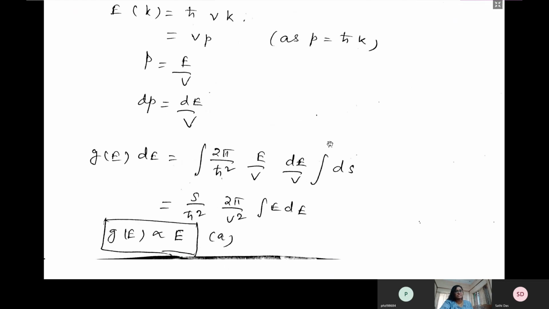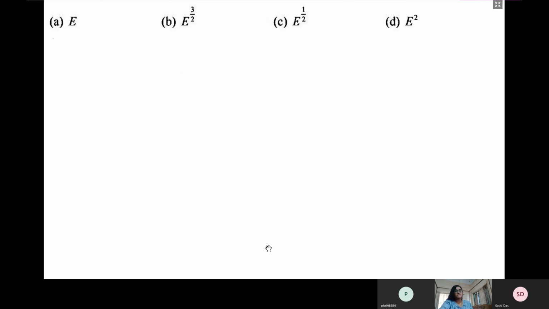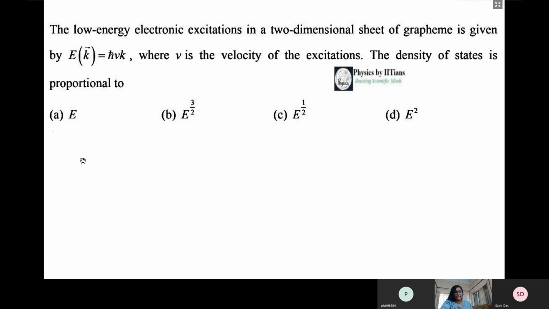Okay, so dS, the integration will give you the area of the macroscopic system. I write it as S, so it becomes S by h cross square, 2 pi by V square, integration over E dE. So g(E)dE is directly proportional to E dE, or g(E) is proportional to E. So the answer for this question is option A.